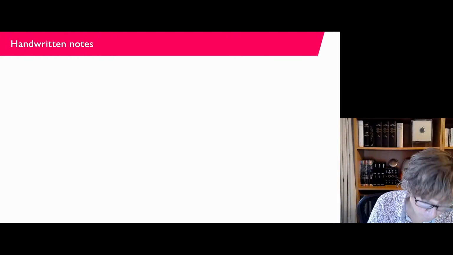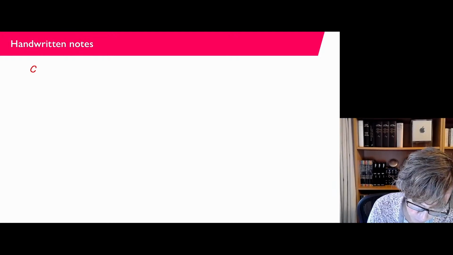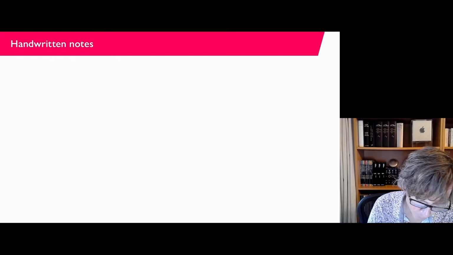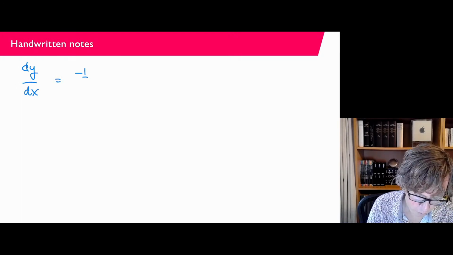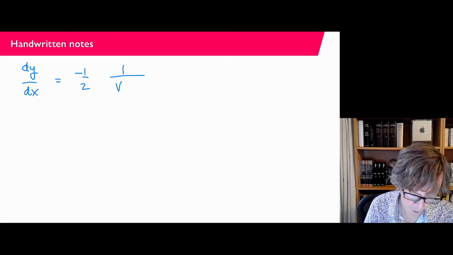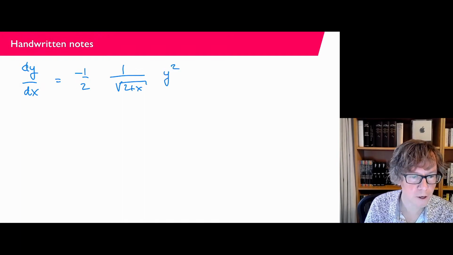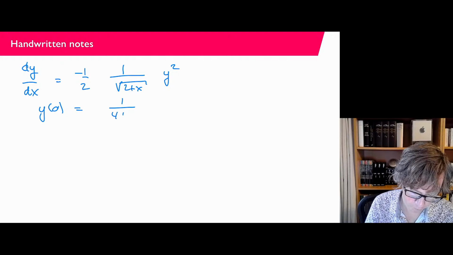So say that we have the differential equation dy/dx, let's not write in red, that looks so aggressive, in blue, dy/dx equals minus 1 over 2 times the square root of 2 plus x, times y squared, and we also have that y(0) equals 1 over 4 plus the square root of 2.